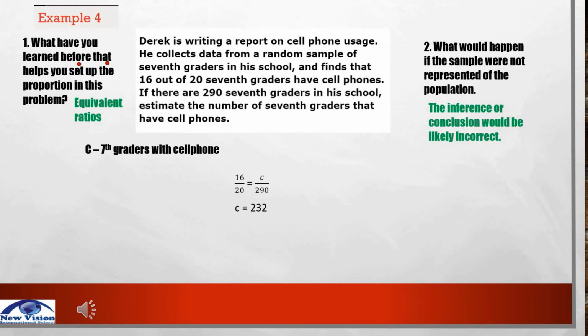So you will see 16 over 20 is equal to C over 290. Multiplying both sides by 290, you will arrive at C equals 232. So what inference can you make from the solution? Based on the sample, about 232 7th graders in Derek's school have cell phones.